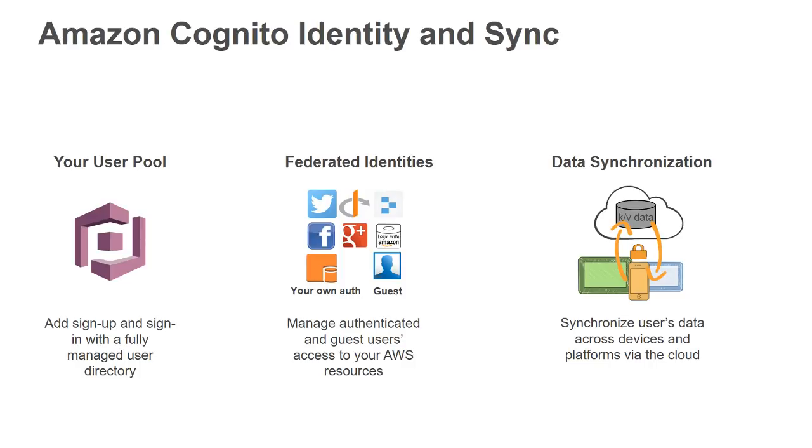We have a lot of opportunities for you to have people authenticate the way they already do. So why have them create something new? You can also have them tie in, hey, I'm on Google, I want to tie this in like that.